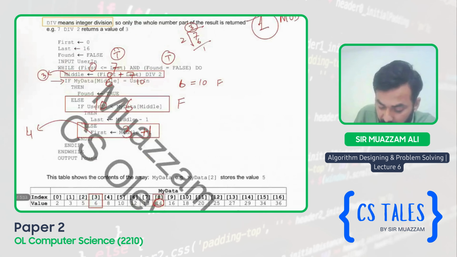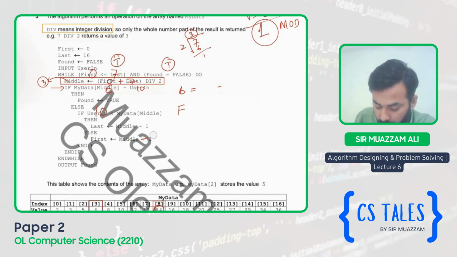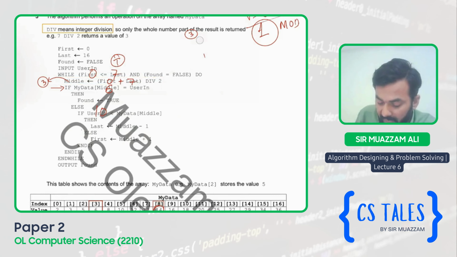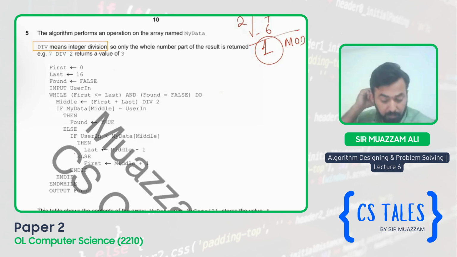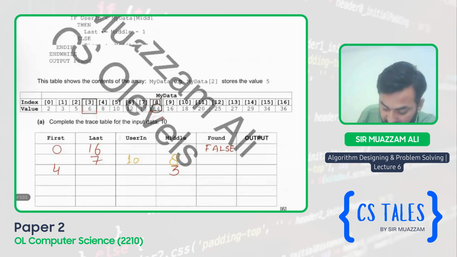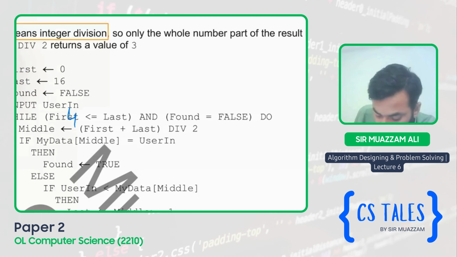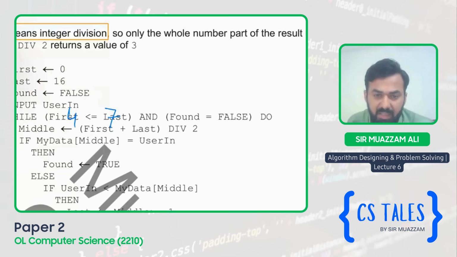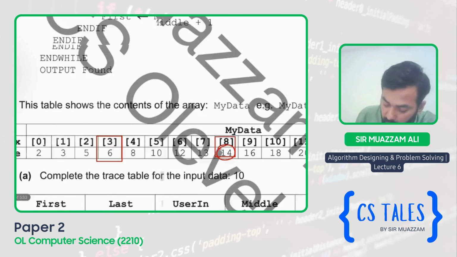Then after that, you will move again to the while condition. So what are your new values? In first there is 4, and 7 is last. So check: is 4 less than or equal to 7? Yes, this is less than 7. And found is equal to false?